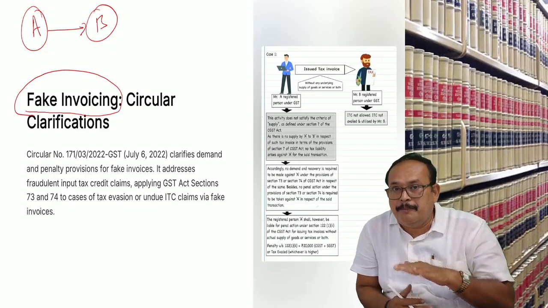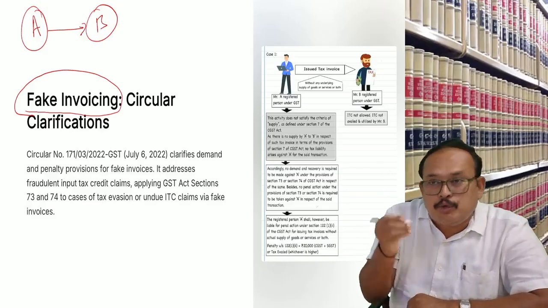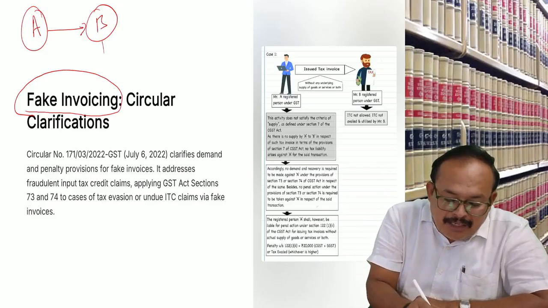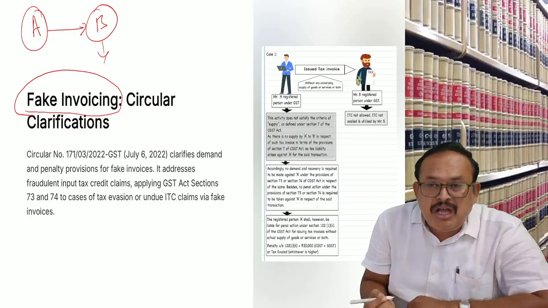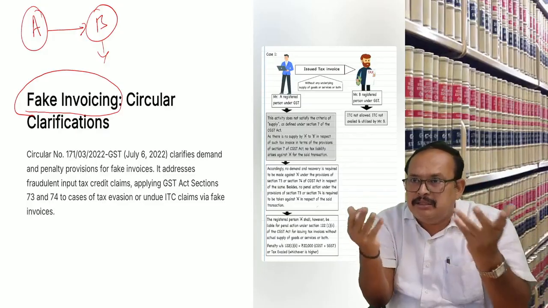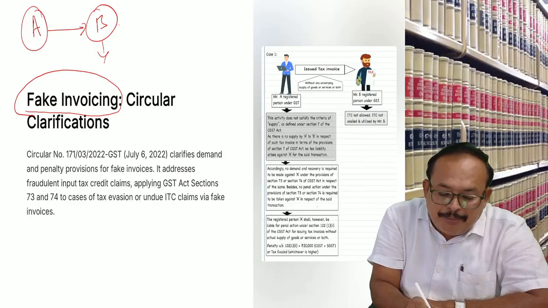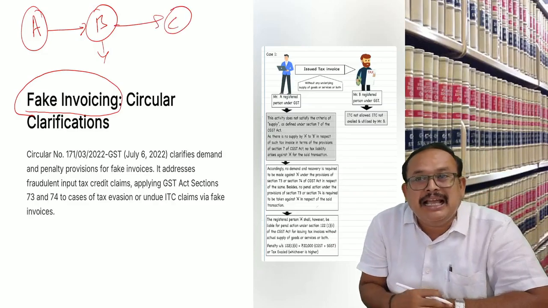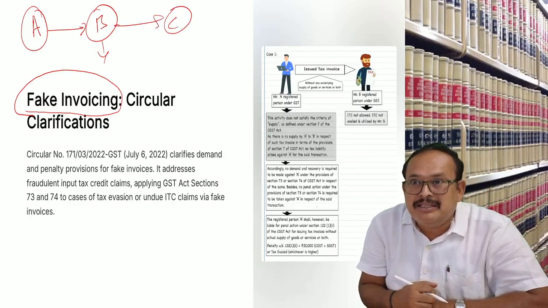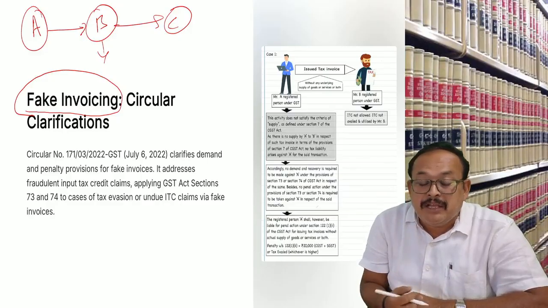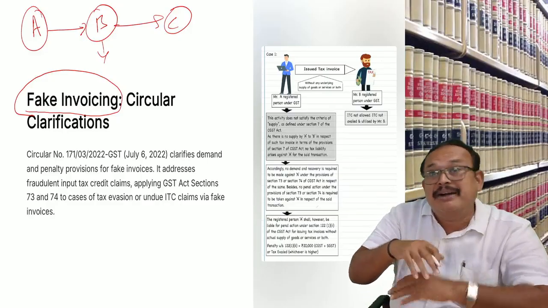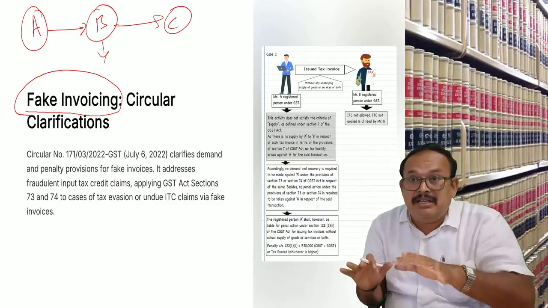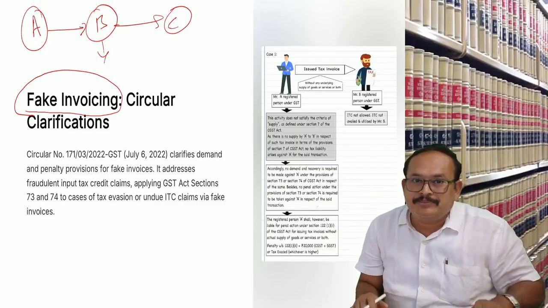Is it clear? Now, there are two possibilities. A may avail and utilize, or only avail, not utilize. Thereafter, B supplies to C that invoice, tax invoice issued, where C avails and utilizes ITC, or maybe C avails but does not utilize ITC. A possibility.